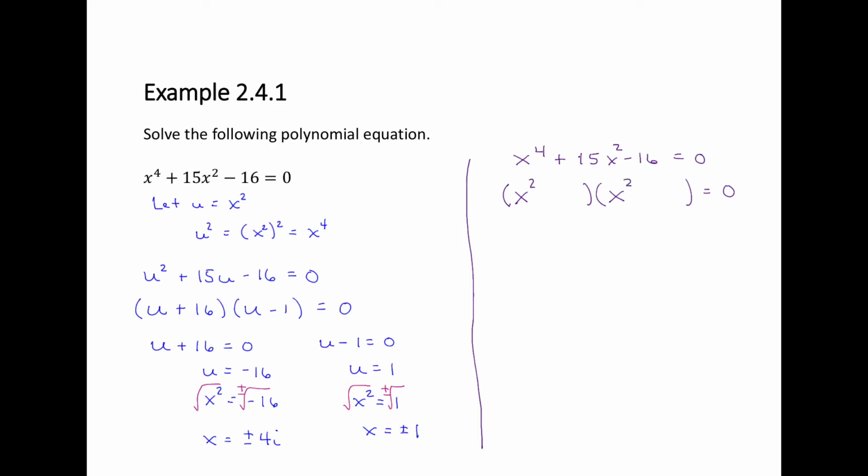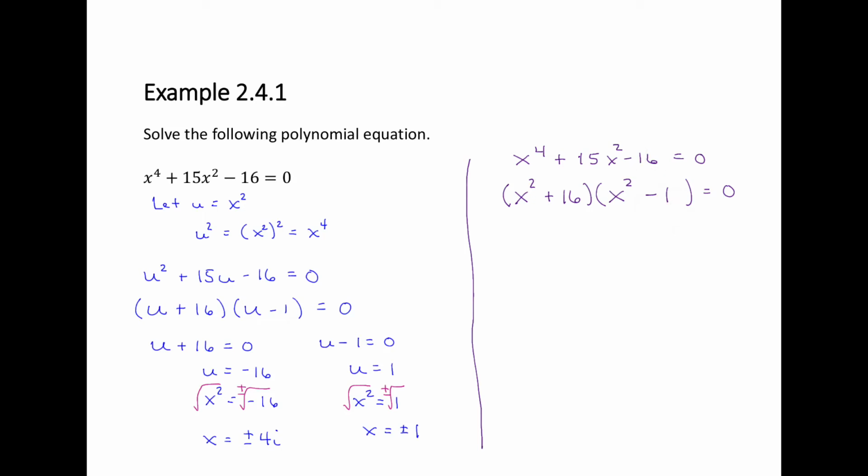The two numbers that multiply to get negative 16 but combine to get 15, again, are positive 16 and negative 1. If we FOIL, x squared times x squared is x to the fourth. I'll have a negative 1x squared and a positive 16x squared that will combine to get 15x squared. And positive 16 times negative 1, of course, is negative 16.